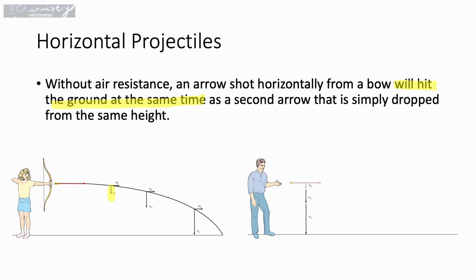Gravity is pulling, and it's pulling harder as time passes. So if there's no air resistance, they're going to drop to the floor at the same time, just because the downward acceleration is the same for both of them, which is gravity.